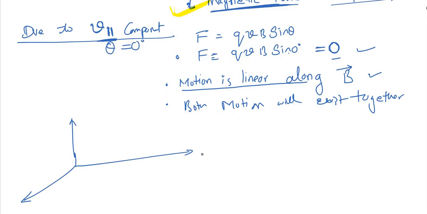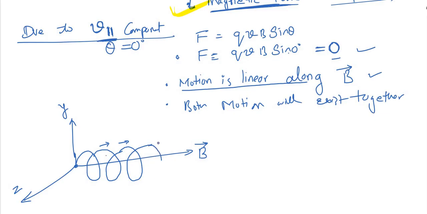Suppose this is the direction of the magnetic field and these are the directions y and z. Because of the perpendicular component, the particle will try to go on a circular path, but due to the linear motion, it will go a little bit forward in the direction of B. Then again it will try to go on a circular path due to the perpendicular component, but linear due to the parallel component.